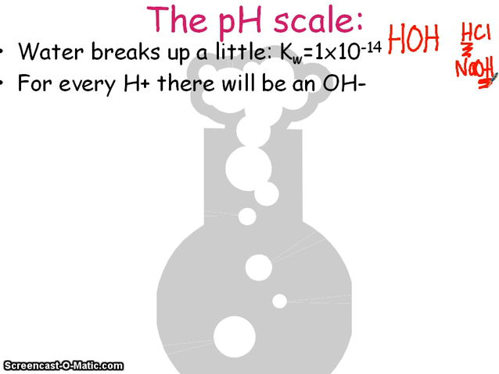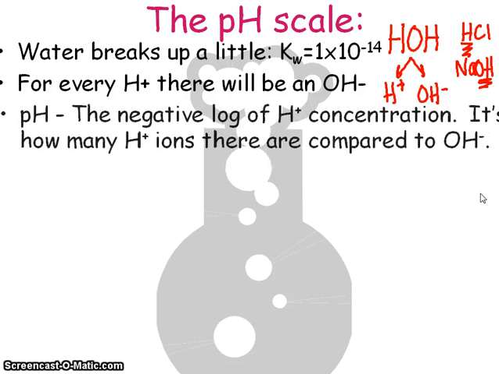The thing is, since water is HOH, even if a water breaks, you're not going to have an increase in hydrogens without an increase in this also. In other words, when water breaks up, it's not going to make an acid or a base because it does both. It makes a hydrogen, which is what acids do, but it also makes a hydroxide, which is what bases do. So water, even though it can break up a little bit, is completely neutral. And that's where we get our neutral pH from.